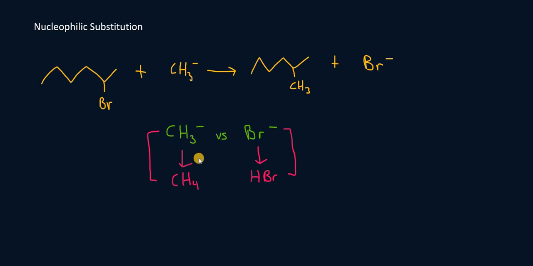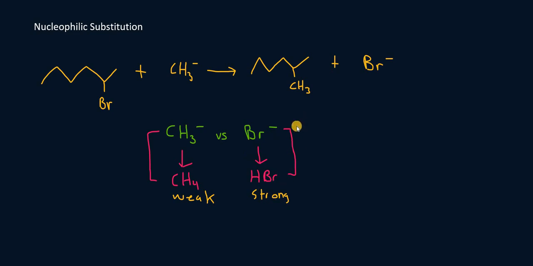So if we go through the process of turning them into conjugate acids by adding an H+, CH3 minus becomes CH4, and Br minus becomes HBr. Now, which of these two is a stronger acid? Definitely the HBr. HBr is much, much stronger than CH4. So remember, that's going to mean the opposite in our base.